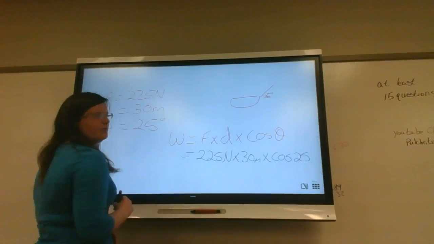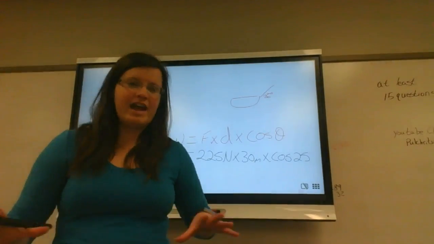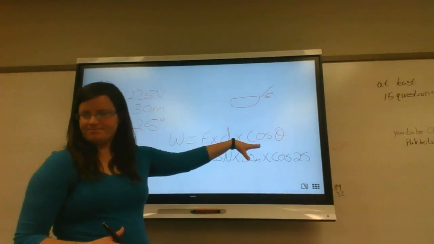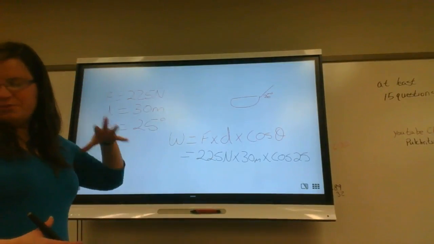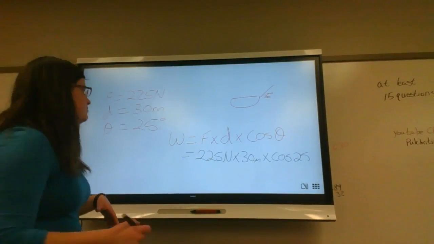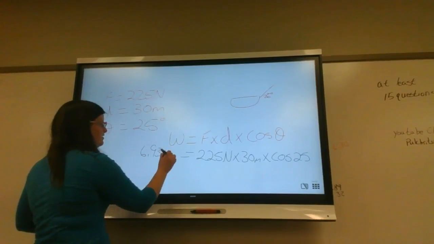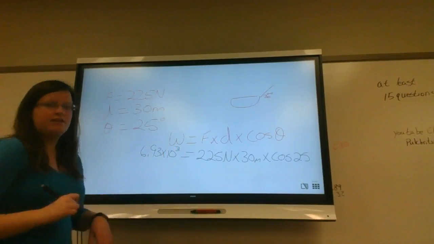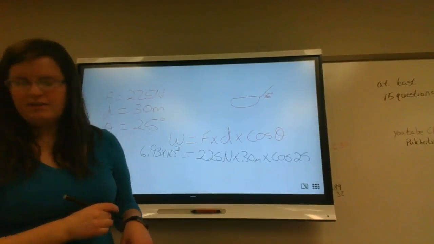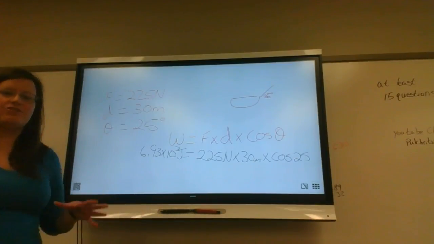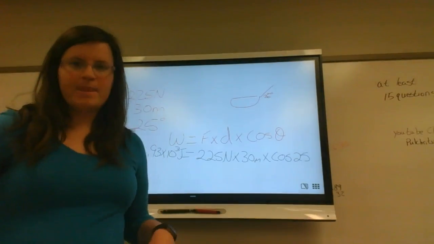And that is going to equal our work. So we've really only added one component to it, and that is the cosine. And if you multiply all that together, you would get 6.93 times 10 to the third, I believe. And that is going to be in joules, because work is always measured in joules.